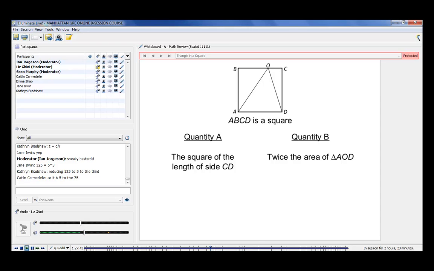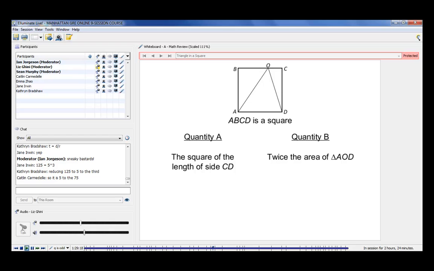Try this. Let's try another one of these geometry problems. All right, okay, I've got a lot of right answers here.